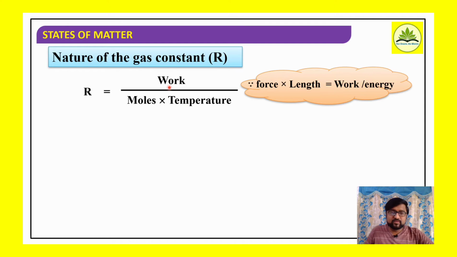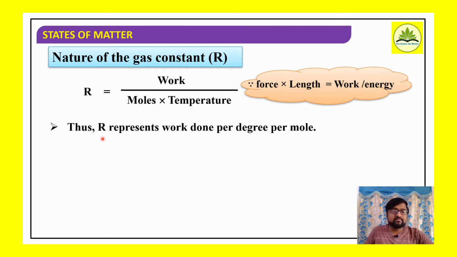This work means the work done per degree temperature per mole of a gas. Thus R represents the work done per degree per mole of a gas.